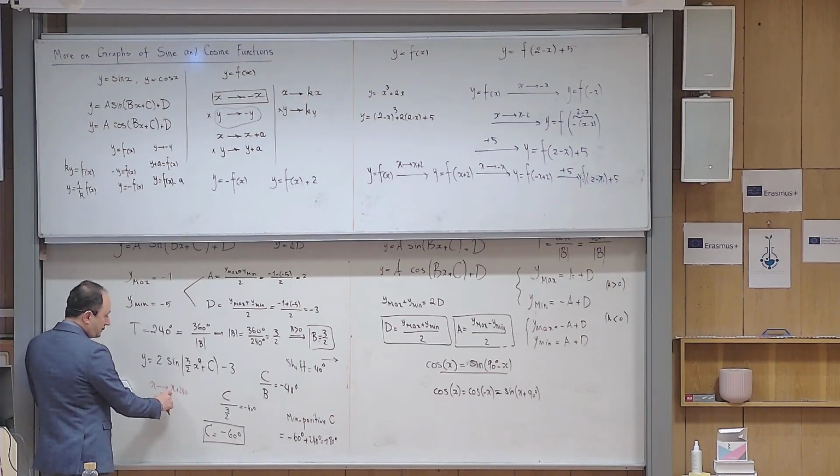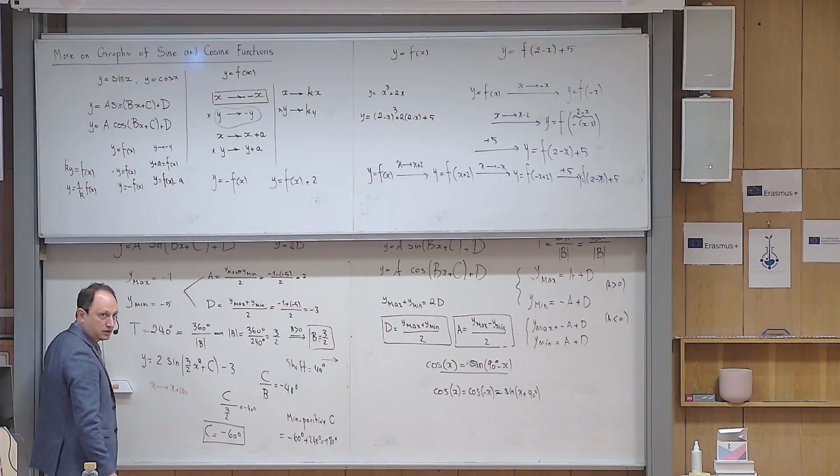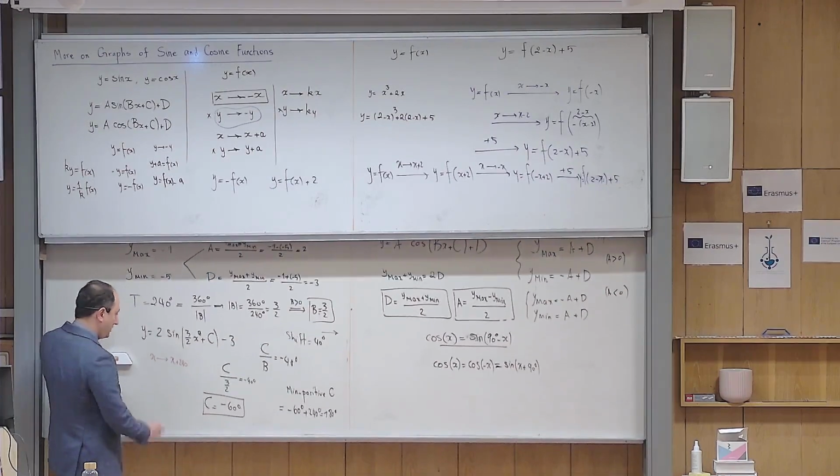But when I add this one here, it will be multiplied by a factor of 3/2, which gives me 360 degrees. And then 360 degrees will be added to this C, which makes it 300. So I think you are right, but let us check.